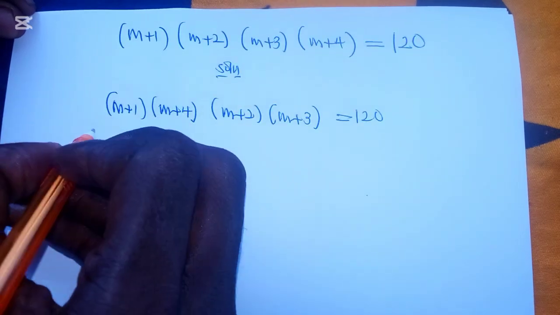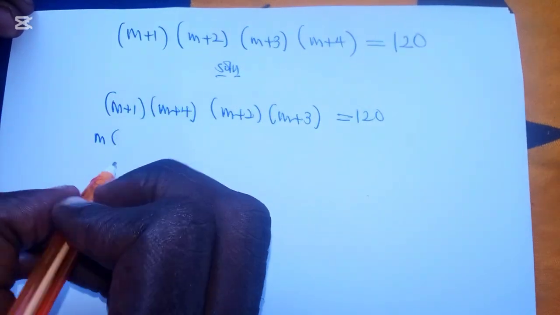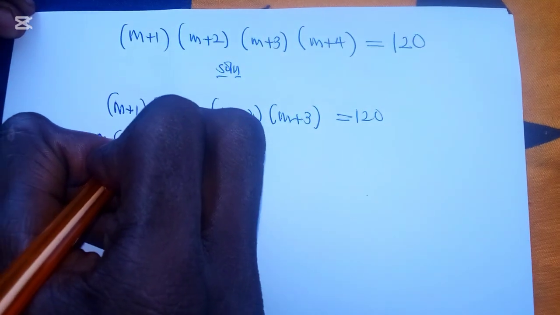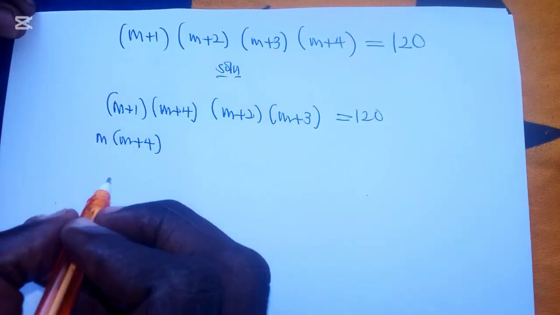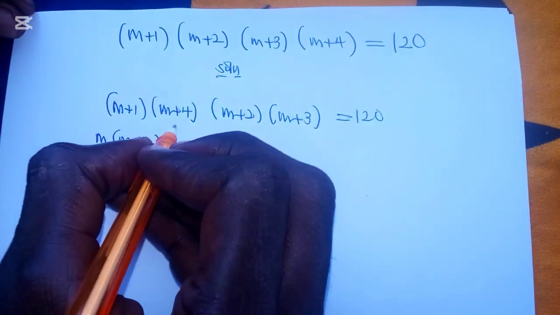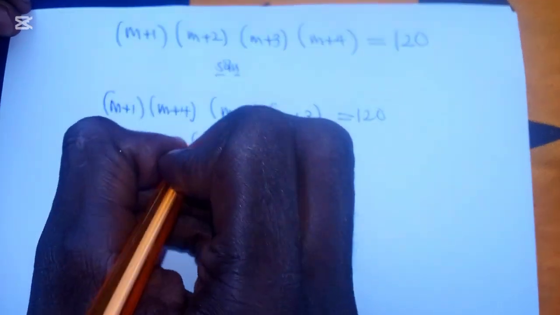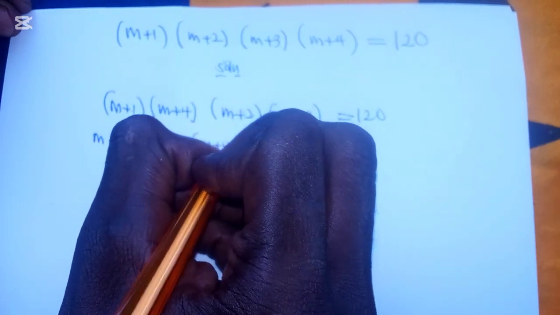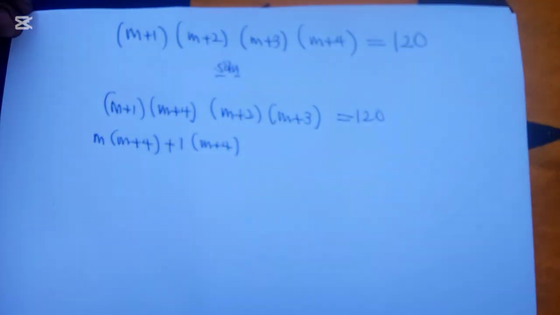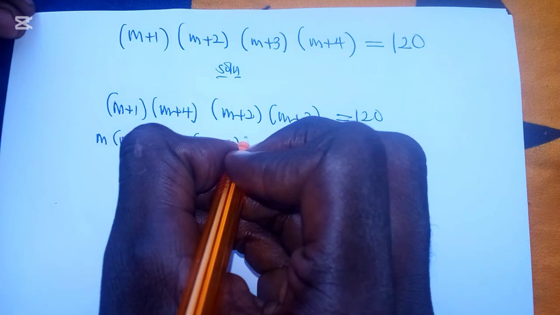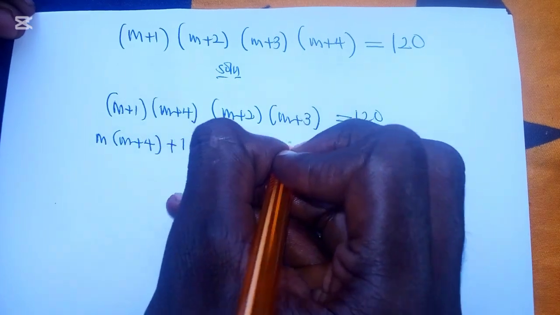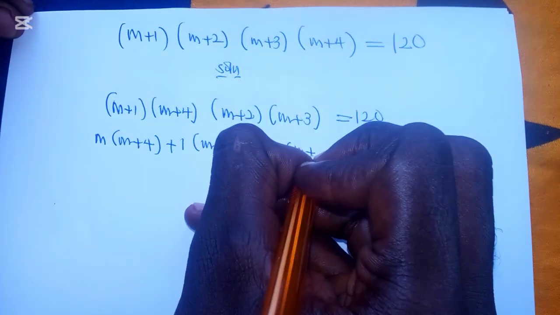That is, we say m is multiplied by (m + 4). What remains here is plus 1, and we use it also to multiply (m + 4). Now we apply the same thing again: m is outside, multiplied by (m + 3).